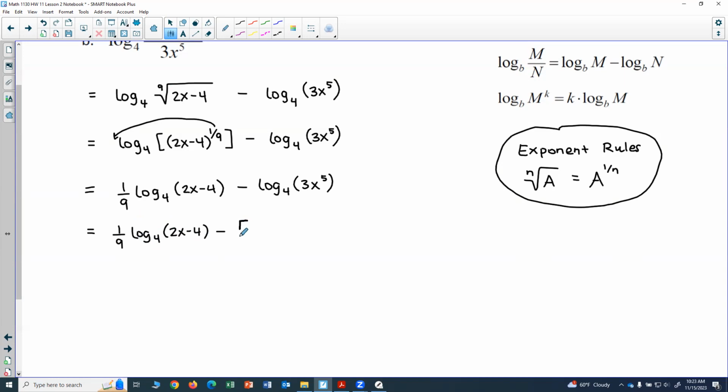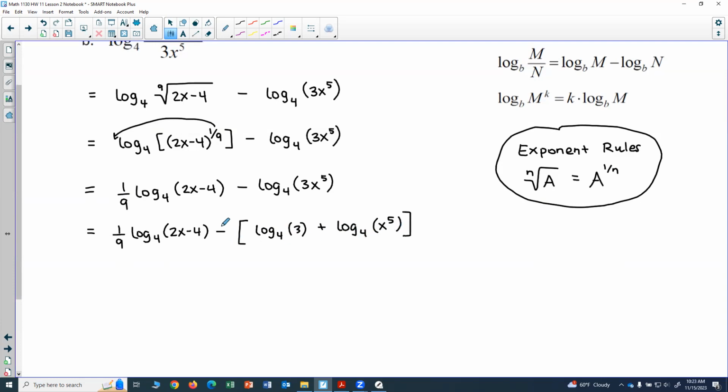So I have 1/9 log base 4 of 2x minus 4 minus, I'm going to put a bracket, and then I'm going to use the product property to split apart the second logarithm as log base 4 of 3 plus log base 4 of x to the 5th. So I had that product 3 times x to the 5th, and I split it into log base 4 of 3 plus log base 4 of x to the 5th.